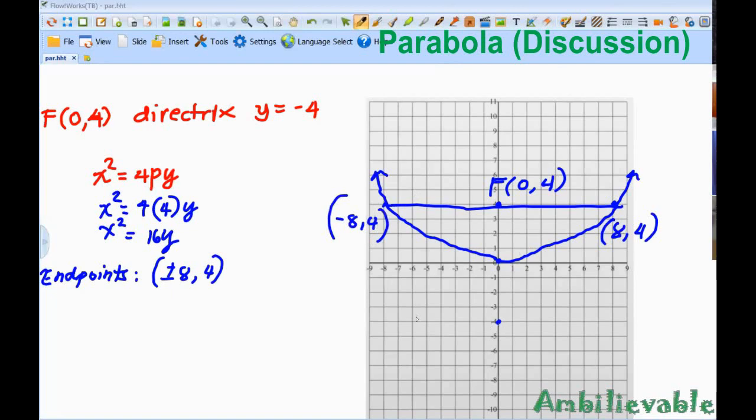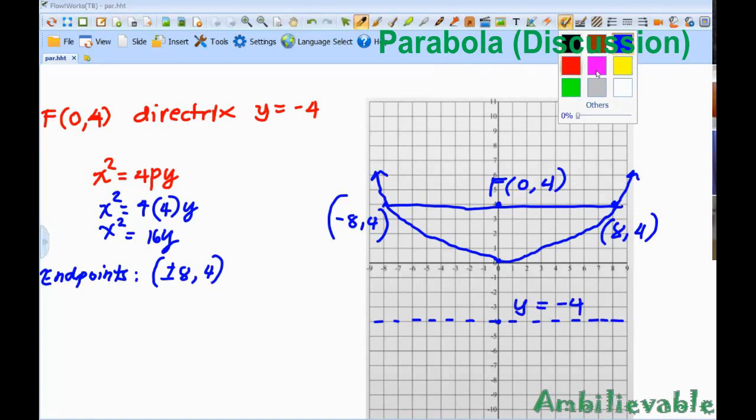And this is our directrix. The directrix will be at y equals -4. Okay? So again, we have 2 points for the equation, 1 point here, and 2 points for the graph.